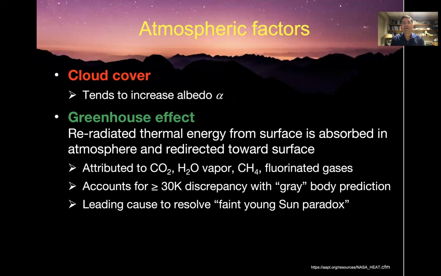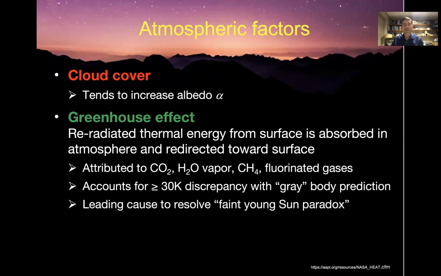Because of that, it is harder to account for the presence of liquid water on the surface of the Earth for as long as we know that it must have been here. So how to account for that? Greenhouse effect is the leading explainer to help resolve this paradox. The tutorial helps students understand the paradox itself and identify the greenhouse effect as indeed a reasonable candidate to help resolve this paradox.